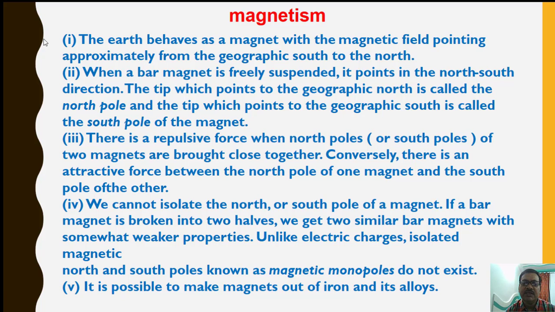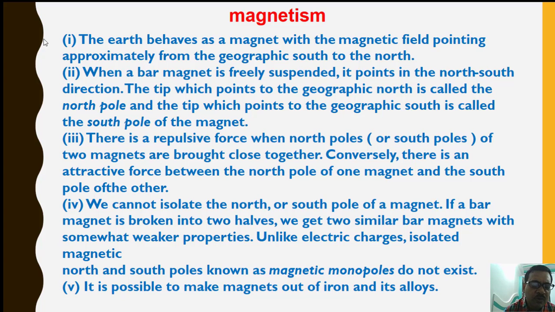Means there is a repulsive force between like poles, north pole or south pole, and there is an attractive force between two magnetic poles when they are unlike. One is north pole, second is south pole, or first is south pole and second is north pole.